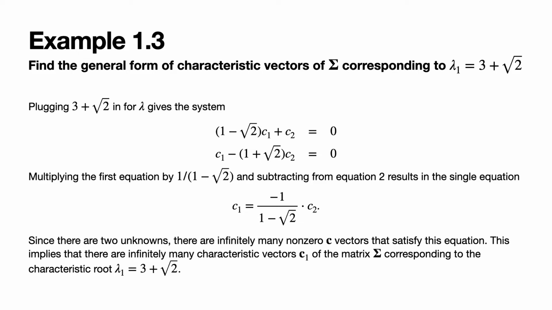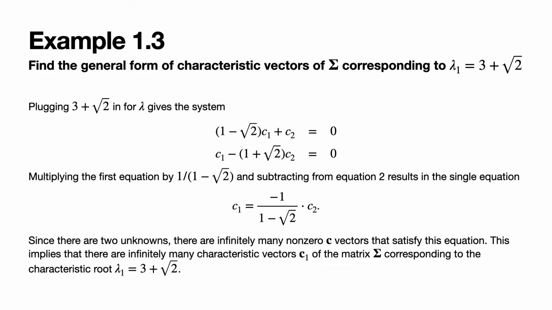Now, if we multiply the first equation by 1 over 1 minus the square root of 2 and subtract that from equation 2, we get the following single equation. That being c1 equal to negative 1 over 1 minus the square root of 2 times c2.